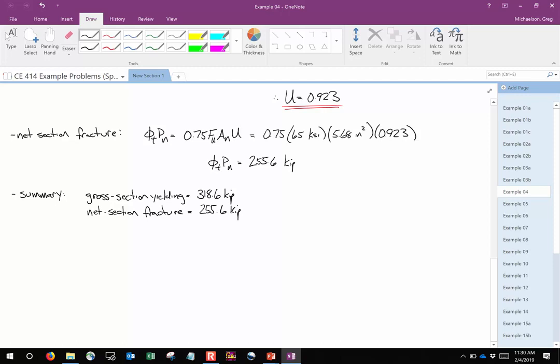So if I was yanking on this, which load would I hit first? Its capacity according to gross section yielding or its capacity according to net section fracture? Net section fracture. So what you were saying, do you take the lowest one? Yeah, you take the lowest one. So I propose that the design capacity of this section, the phi Pn, is 255.6 kips.